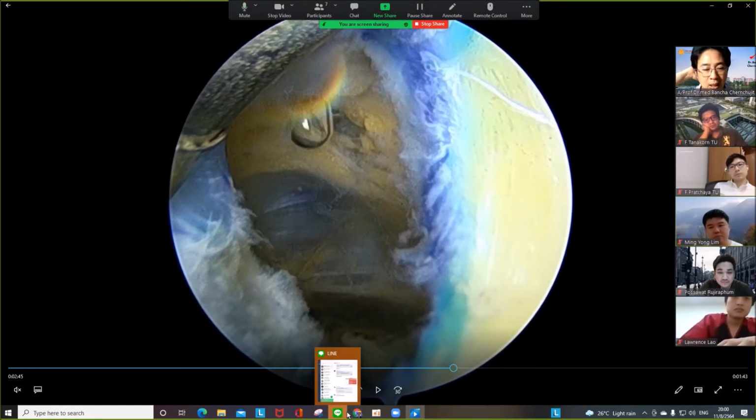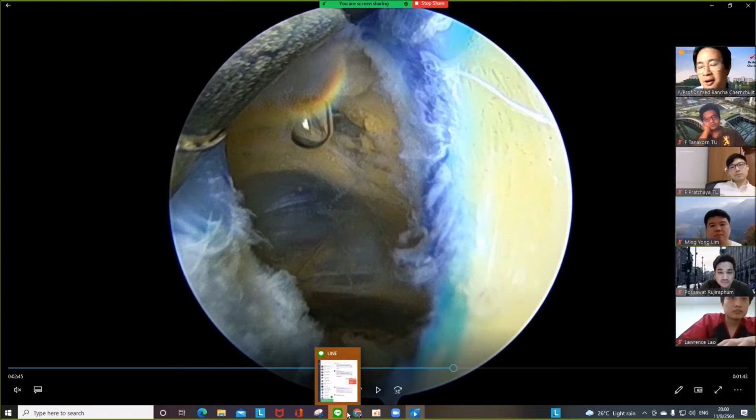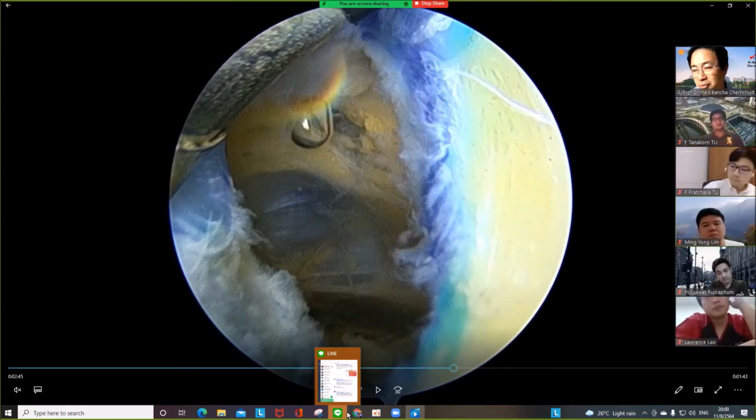Okay, the benefit of using the inside out, like I show you, is that your hand can move freely because you will not be obstructed by the condyle. Okay, because you make it inside out, you can move, and you can switch your cannula also if you cannot see very well, because using a 30-degree scope sometimes you cannot see very well.